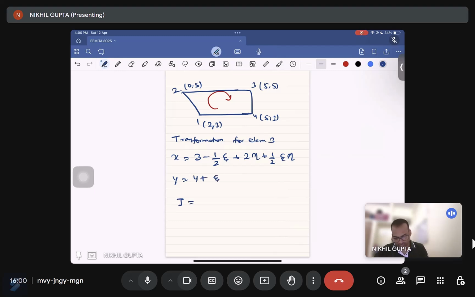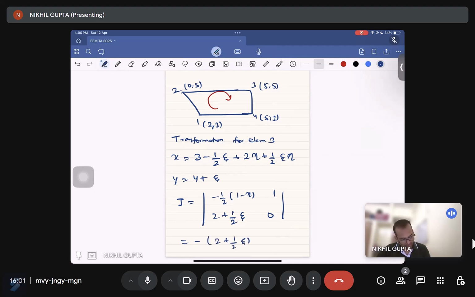Now Jacobian will be modulus of minus half 1 minus neta, 1, 2 plus half of xi, and this will be 0. So when you solve it, you will get minus of 2 plus half xi, which is negative for xi equal to minus 1.